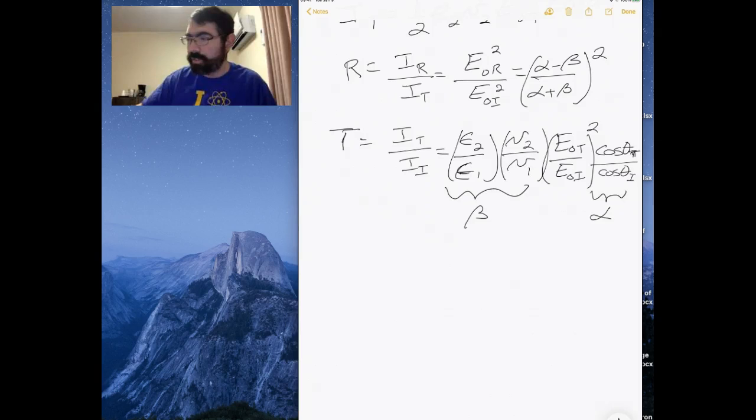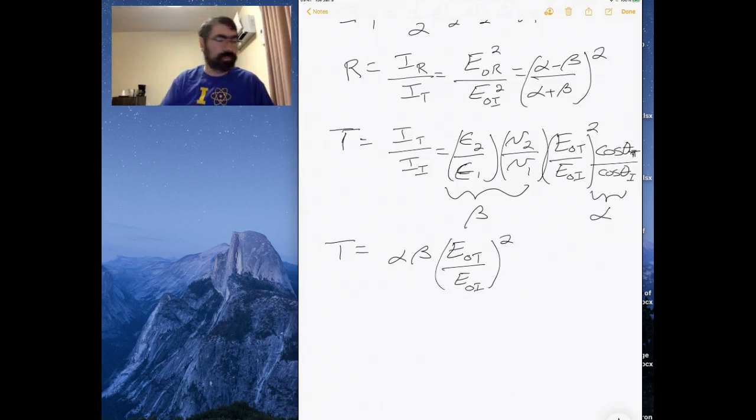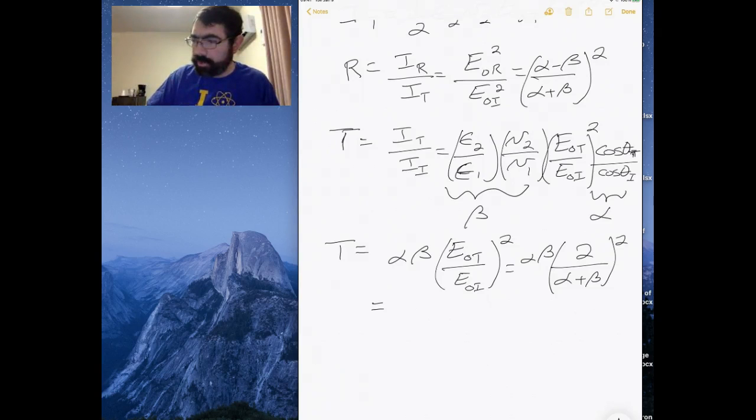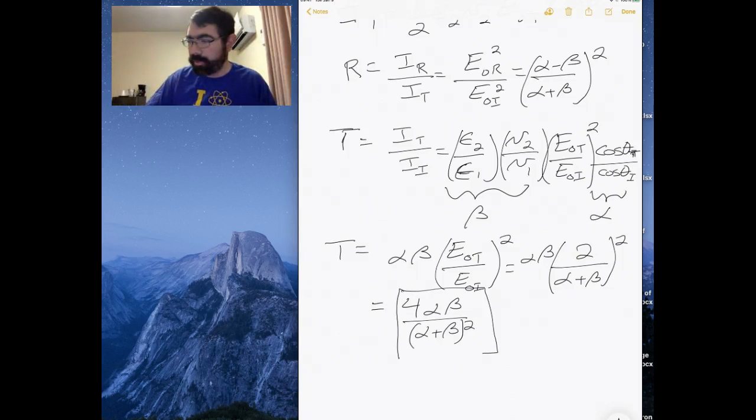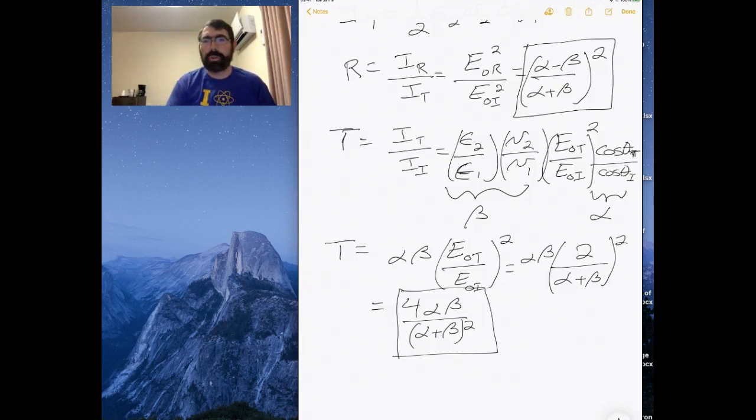So what we get for the transmission coefficient is alpha beta times the ratio of the amplitudes squared, which we said is (2 over alpha plus beta) squared. So what you get is 4 alpha beta over (alpha plus beta) quantity squared. This is the formula for the transmission coefficient, and this is the formula for the reflection coefficient.